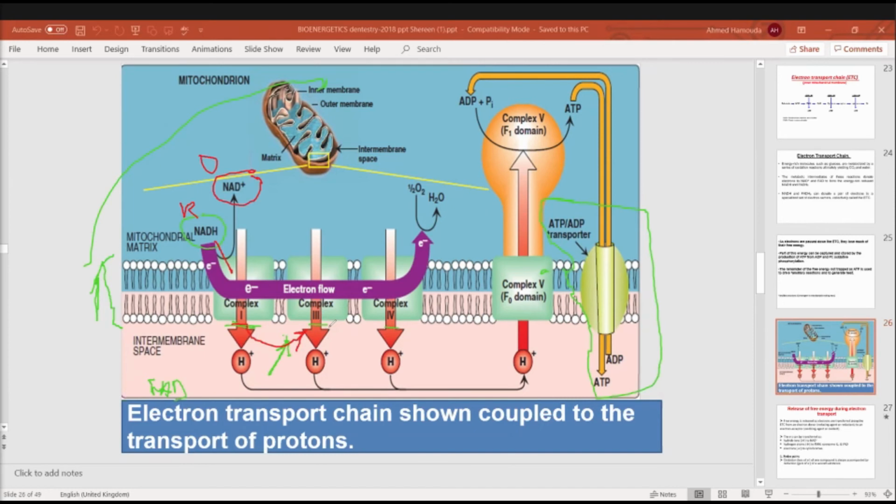Then complex 3 gives it to complex 4, until it reaches complex 4, where there is oxidation and formation of water. So it starts with NAD full of energy and ends with the formation of water. All the energy gathered here will be used to turn this wheel to form ATP by adding Pi to ADP. So this is just an overall.